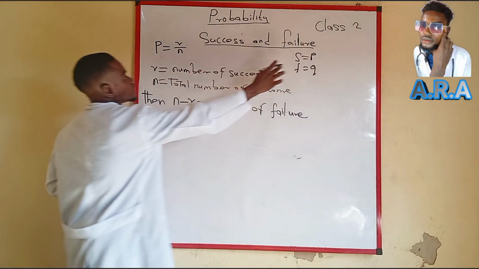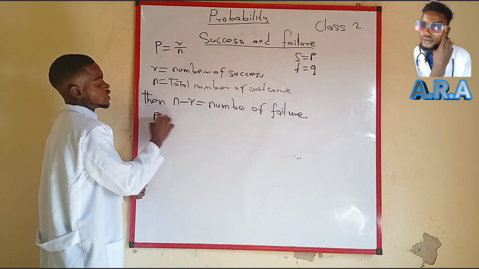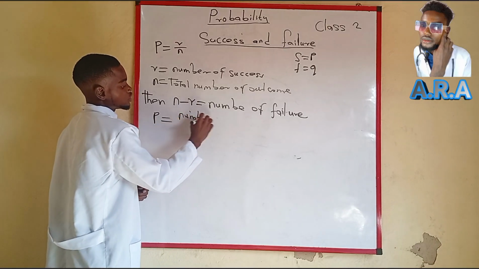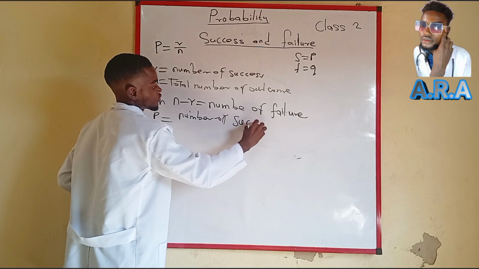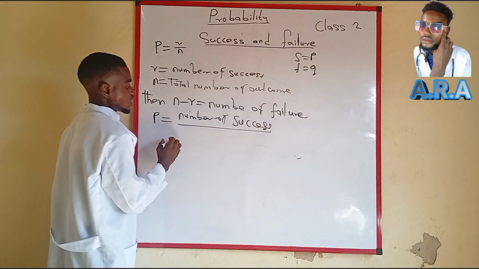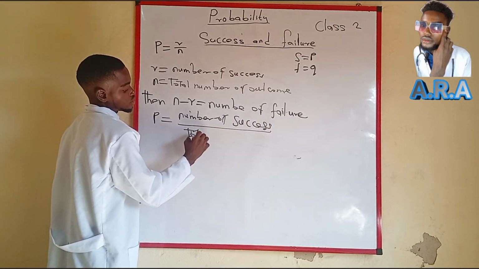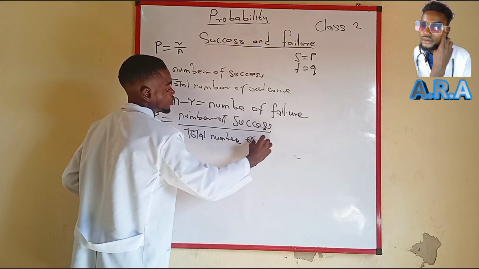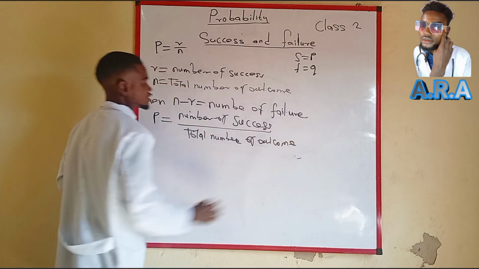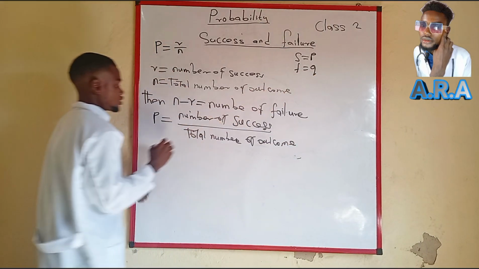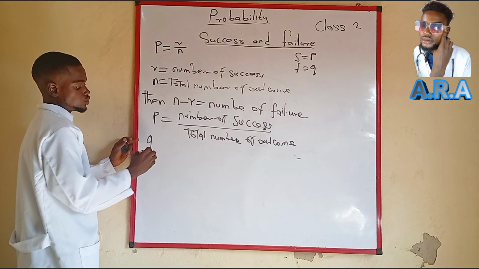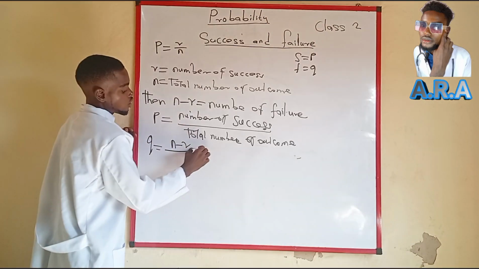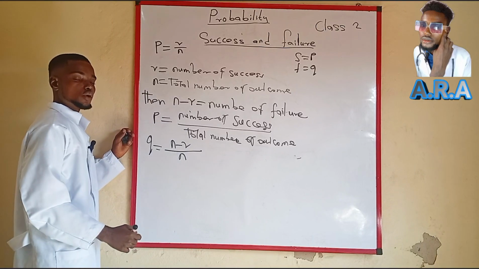All right. Now, the probability of success P equals the number of success all over the total number of outcomes. Now, the probability of failure, which is denoted as Q, will be equal to N minus R all over N. Okay.